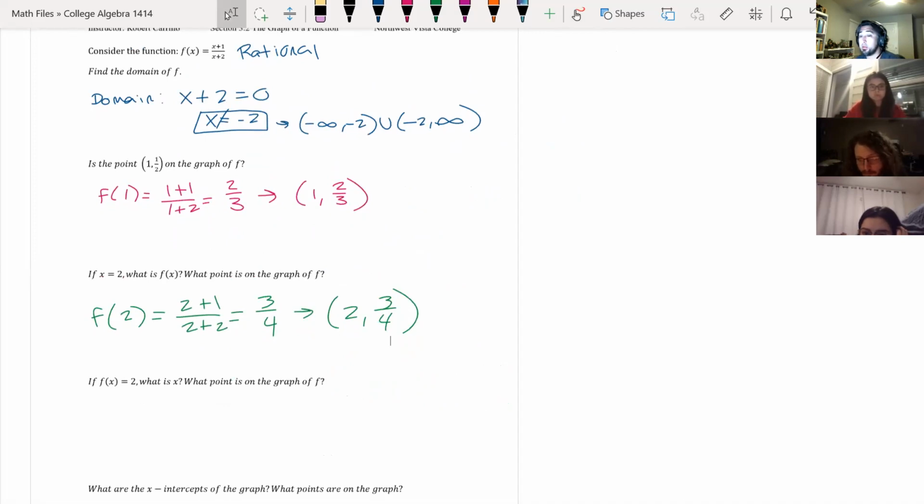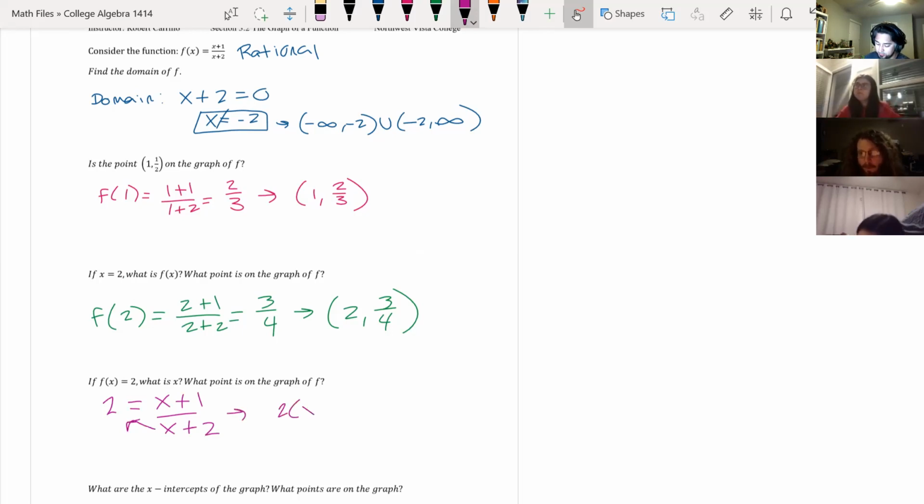Now this says, if f of x is 2, what is the value of x? This time we plug 2 in for what? For y. So you would get 2 equal to x plus 1 over x plus 2. And then solve for x. Multiply that to the left side.